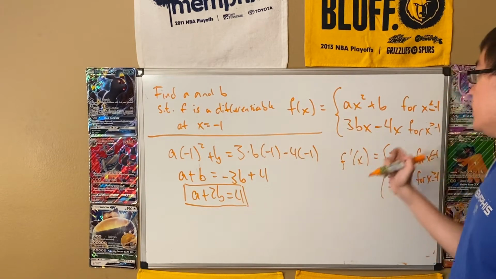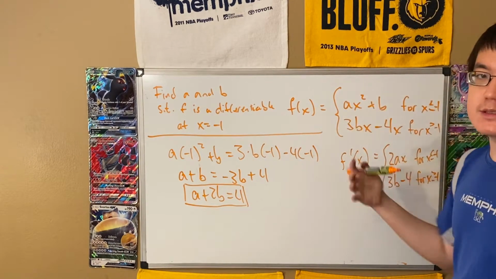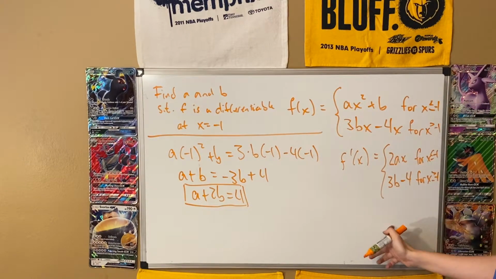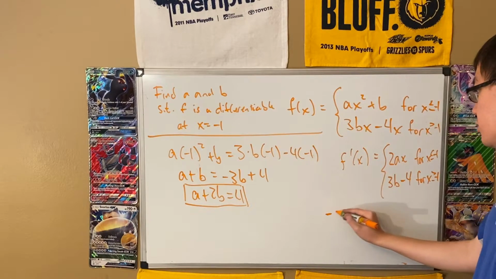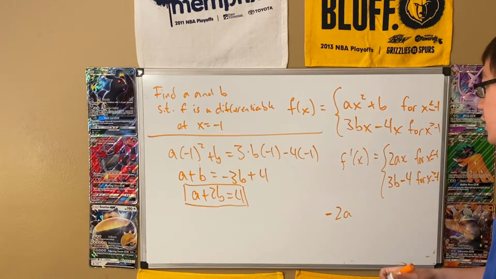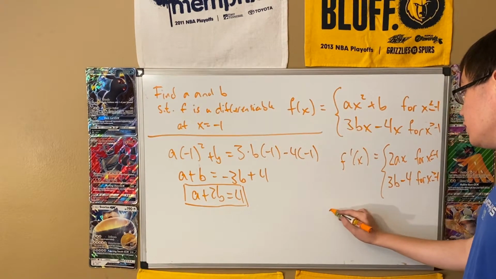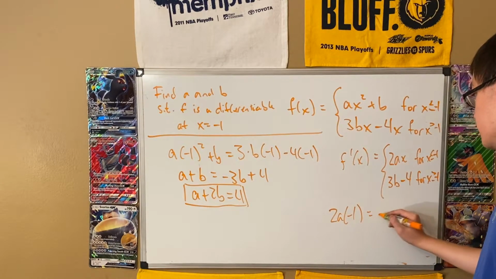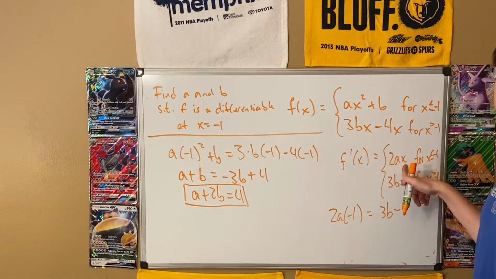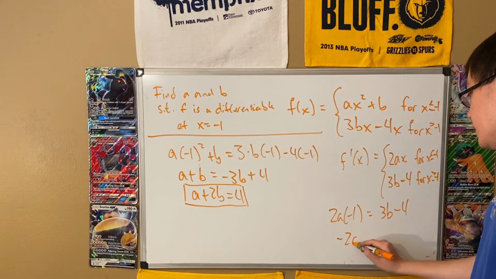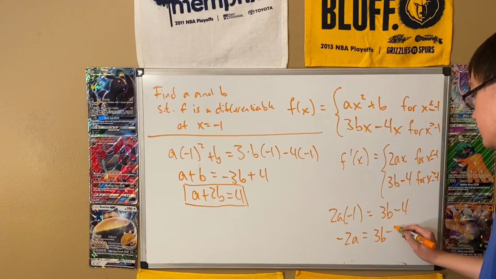In the first one, we plugged in negative 1 into both of them and set them equal. We're going to do the same thing here. We're going to plug in negative 1 into both of these and set them equal. We can write some more steps if you want. 2a times negative 1 equals 3b minus 4. Because we plugged in negative 1 for this x, it looks like it's minus 2a equals 3b minus 4.